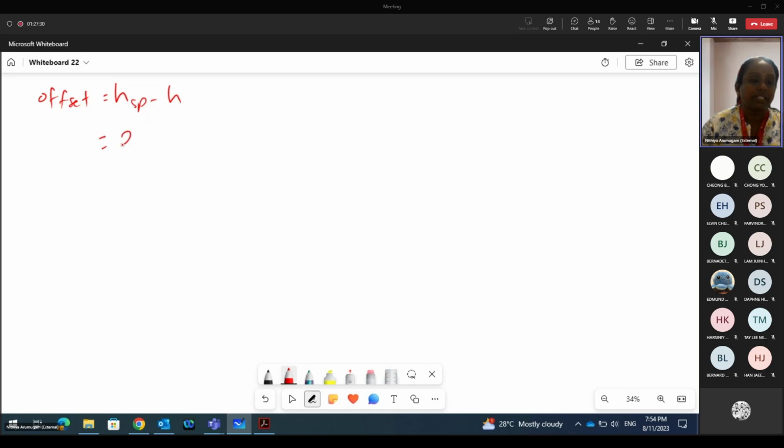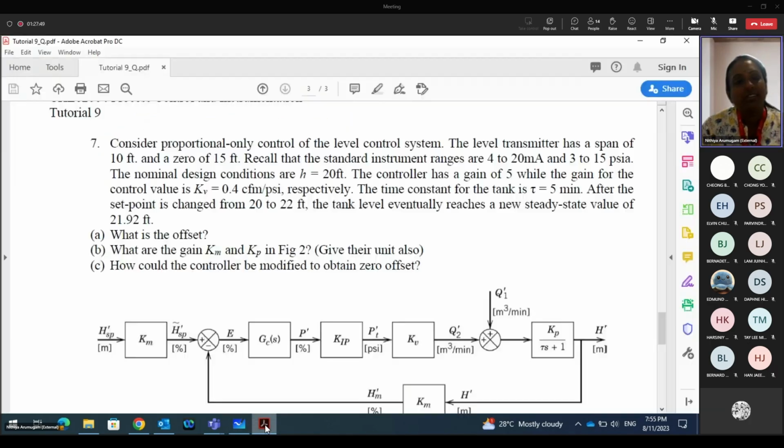So the set point is set as 22 and the one we are getting is 21.92. So your offset is 0.08 feet. Very straightforward question. Probably this type of question will have only 1 mark.